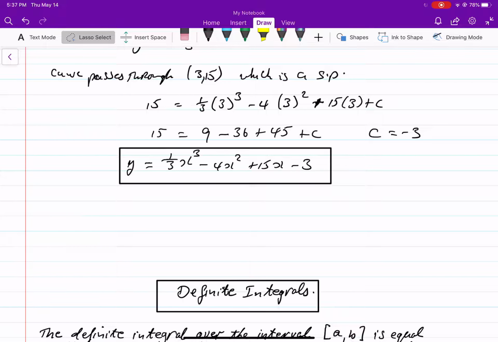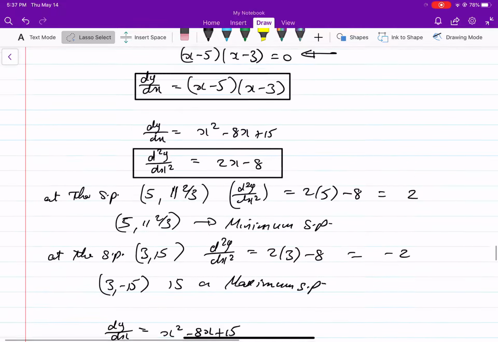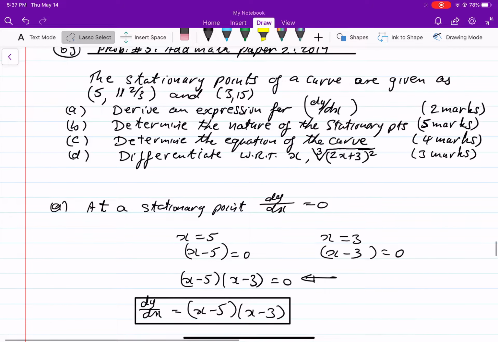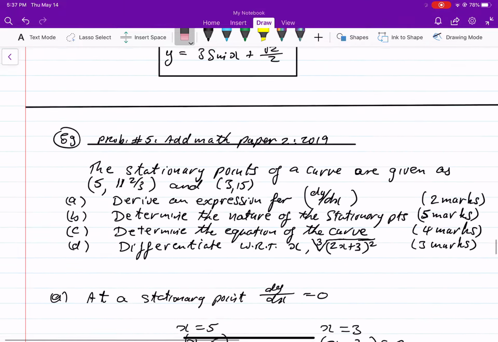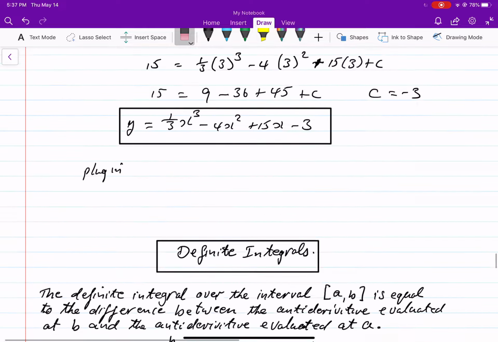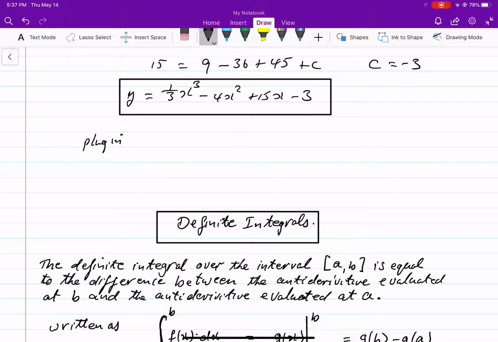Where's the other point? Plug in the point with coordinates 5 and 35 over 3, changing the mixed number to an improper fraction: 11 3s is 33, so 35 over 3.